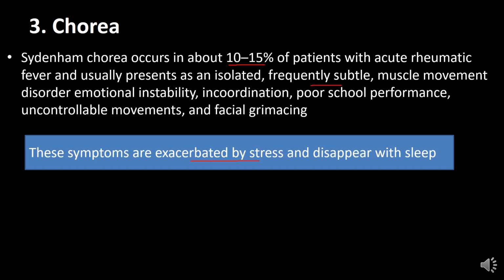And when the child is asleep, they become less. So they are made worse by stress and relieved by sleep. You remember when you're describing a presentation, you talk about what are the aggravating factors and what are the relieving factors. In this case, this presentation is made worse by stress and it is lessened by sleep.